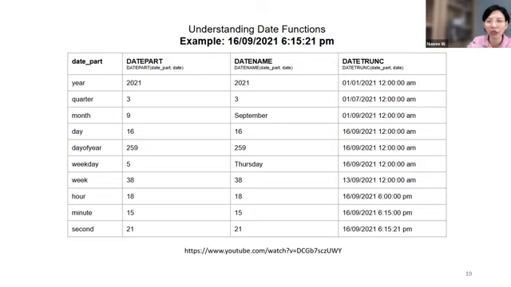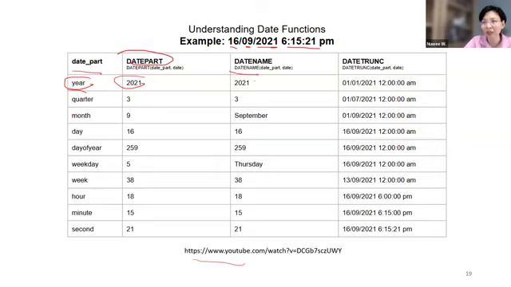Now we will talk about 3 date functions that we want to use. Datepart, datename, and then datetrunc. Okay, so I got this summarized example from this YouTube. If today is 16 September 2021 at 6 p.m., and you use datepart, specifying the part as year, what you will get is 2021.